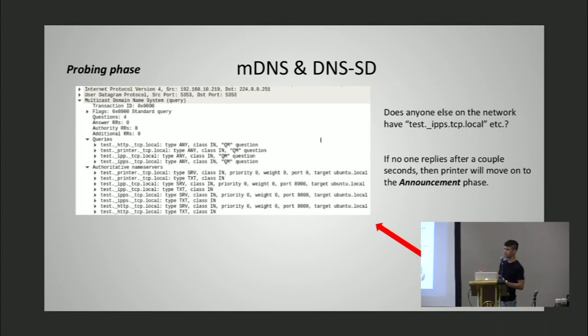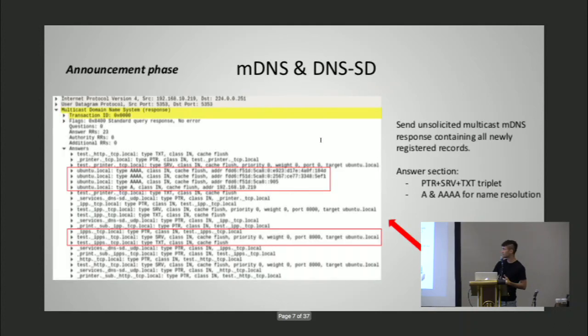And if no one replies after a few seconds, then the printer will move on to the announcement phase, which is basically saying that, okay, since no one else has this record, has this service, I will take it for the local network, and I will establish that I have this service that you can use.